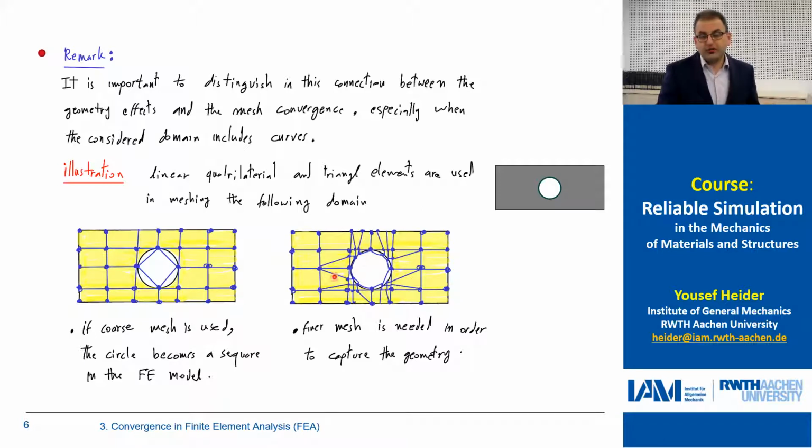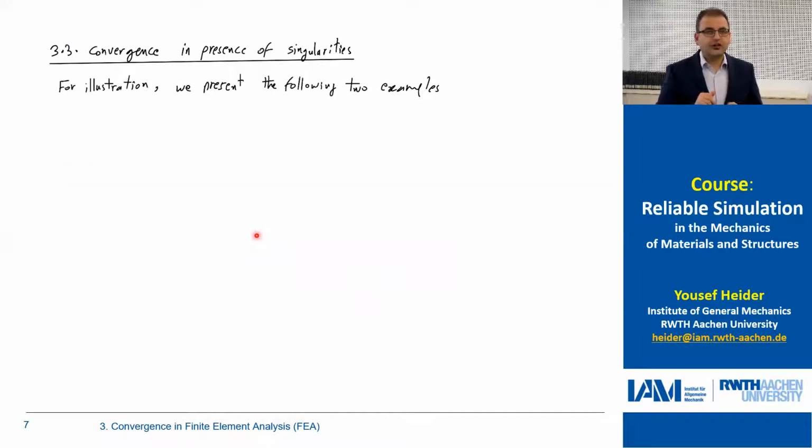So instead of 4 elements, we'd have maybe, I don't know, 20 elements, so that we can capture the circular shape of the circle. So this is to capture the geometry, but as I said, it's not necessarily connected with concentration of stresses.